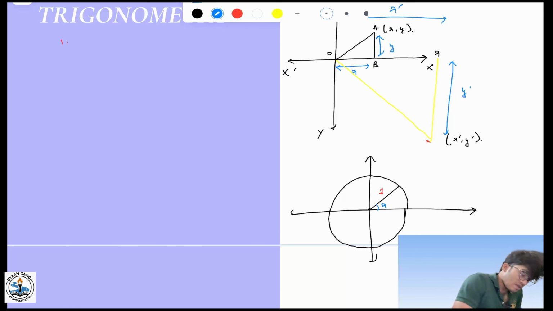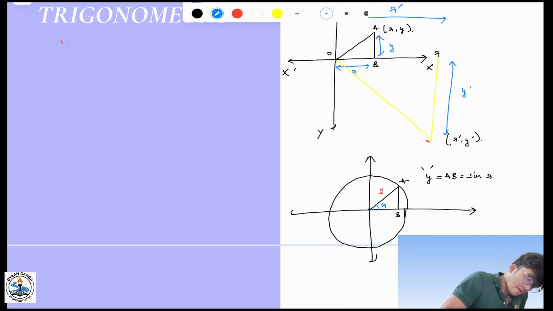Then we had established that this AB is actually sine x in the unit circle. And what is AB? From the discussion on basic coordinate geometry, AB is simply the y coordinate of the point A.